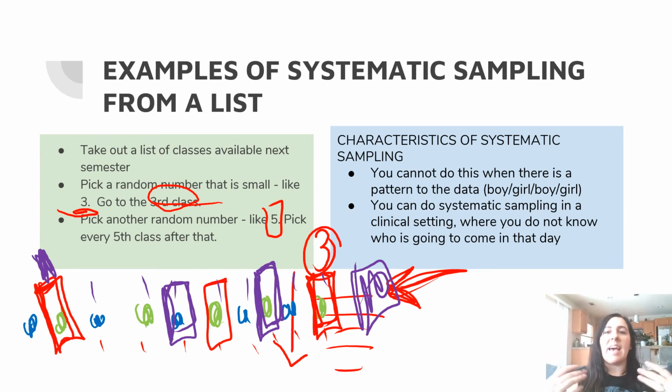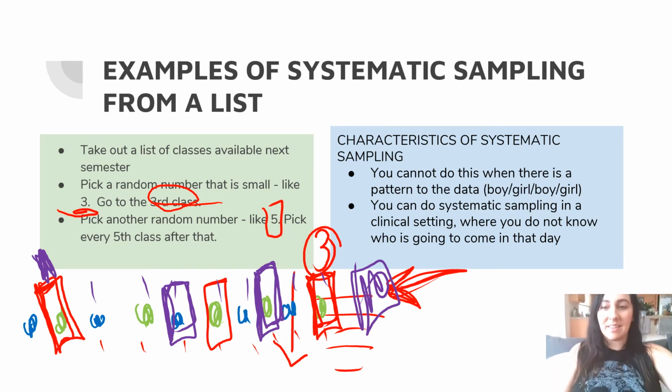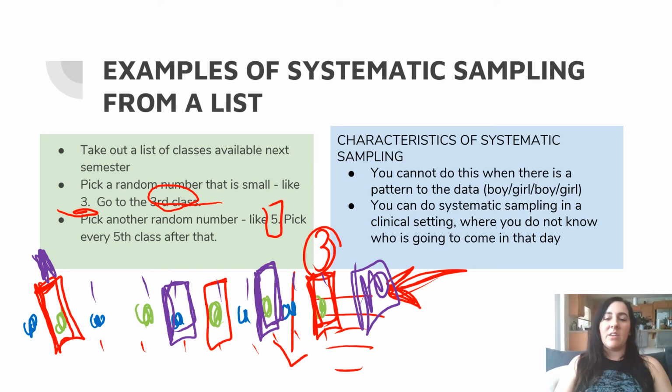but it's really advised not to do this with a pattern, because you have to actually figure out which numbers you can or cannot use in order to get a good sample representation. This isn't always going to work out as clean as it was here. If you were using more complex patterns, you wouldn't be able to get a good amount of representation regardless of what number you choose.